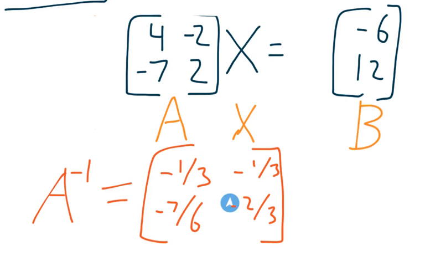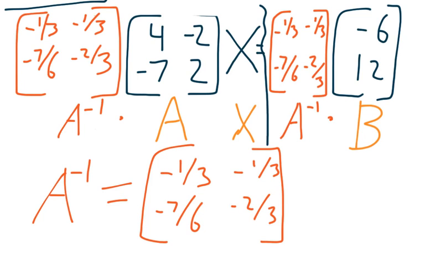So what I'm going to do then is multiply here and here by this inverse A matrix. Just like this. Observe. I took the inverse of A, put it in front of this matrix A, and put the inverse of A in front of B. So I'm going to erase this now.